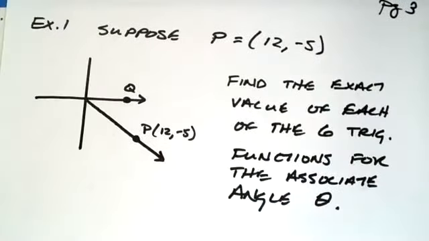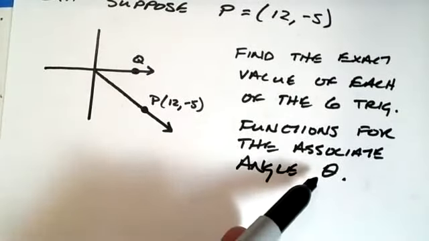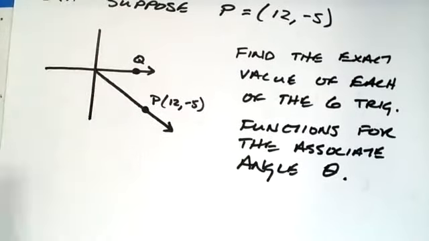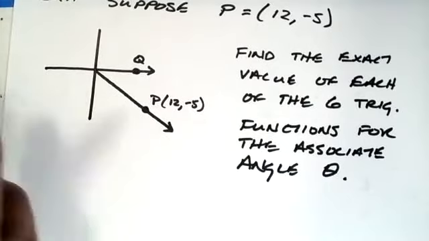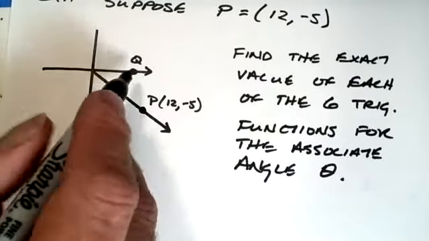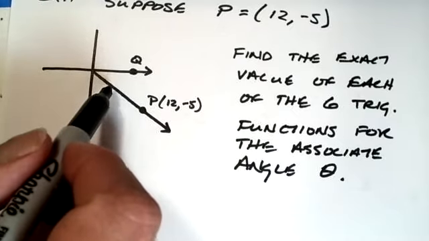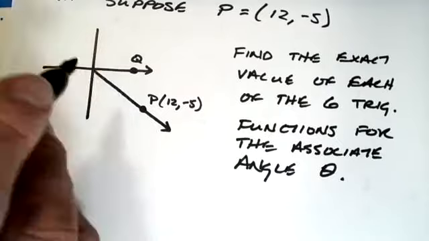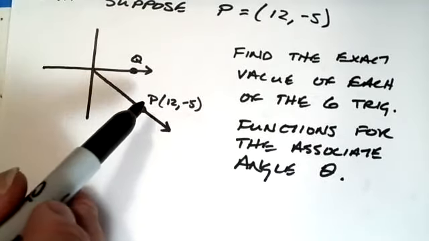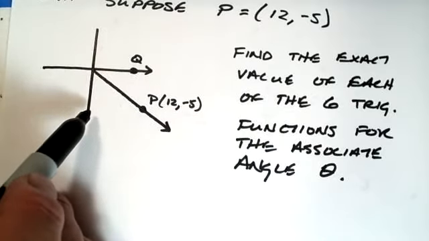Okay, so just pause here for 1 second, because we don't really say how you're supposed to measure theta, except that we know how to measure theta from the previous sections. It's either a clockwise or a counterclockwise rotation from the initial ray to the terminal ray. And so it turns out we could measure this way, in which case theta would be like a negative angle, somewhere between 0 and -90 degrees.